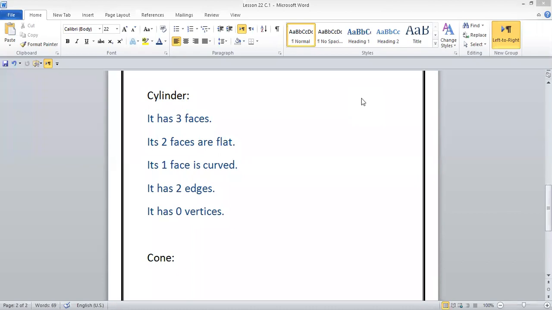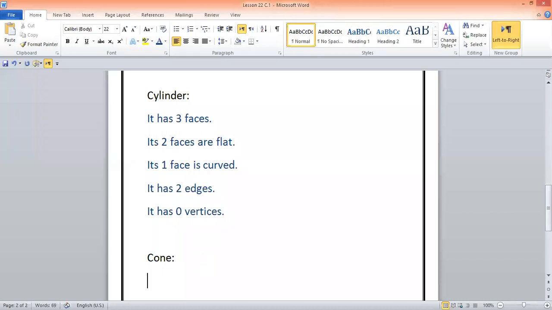What is the question? The question is, all of the faces of cube are dash: triangle, rectangle, or square. The answer is square.